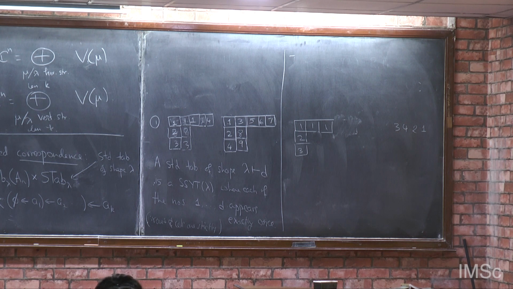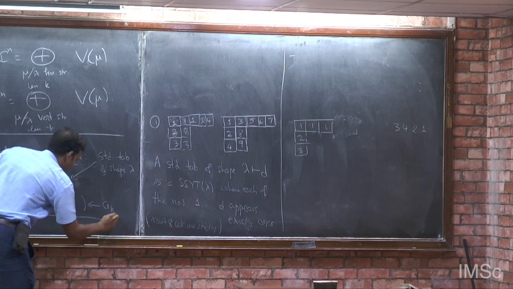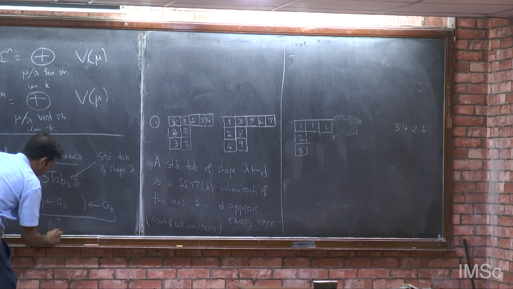And in this, what you will do is you define, so this thing is called RS. I don't want to call this P, P was the previous thing. This semi-standard tableau is called P of W, that is what I called it.